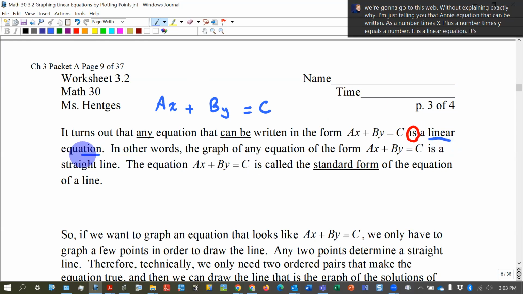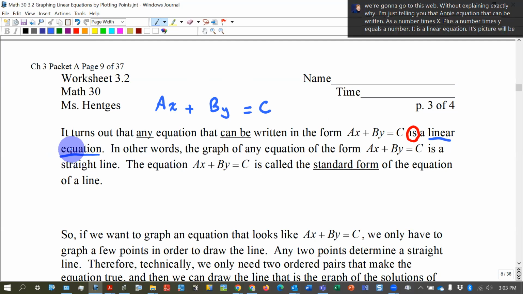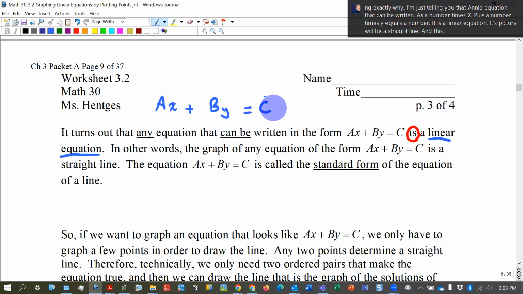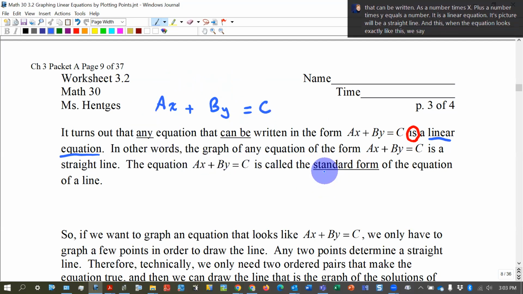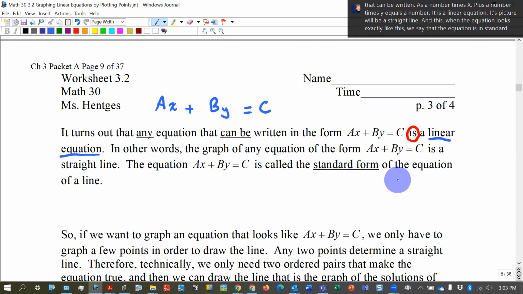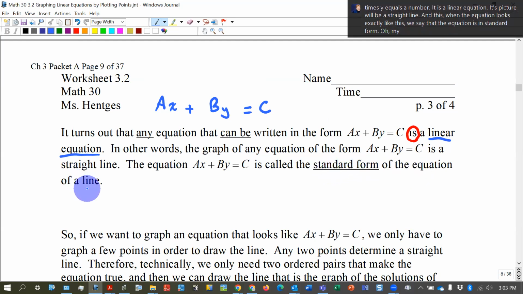Its picture will be a straight line. And when the equation looks exactly like this, we say that the equation is in standard form of a line.